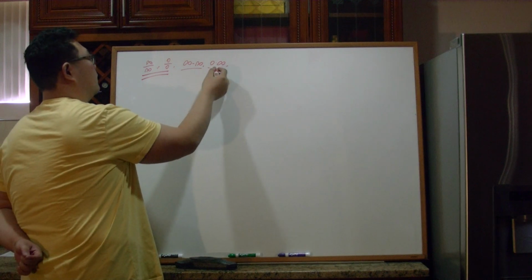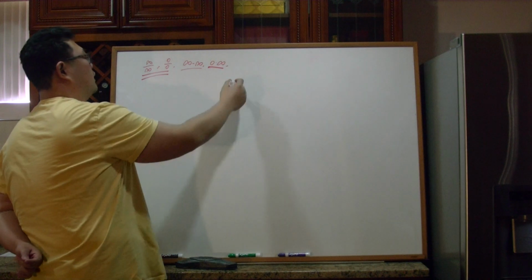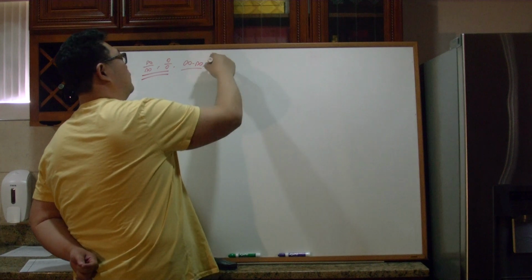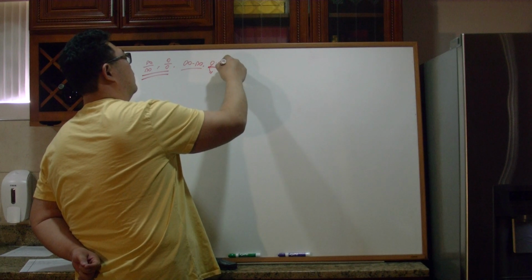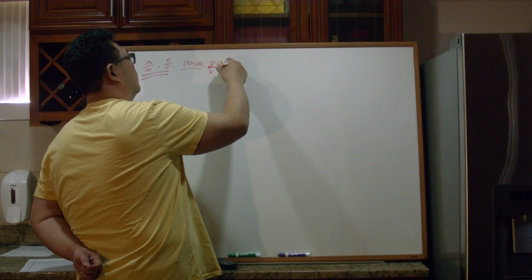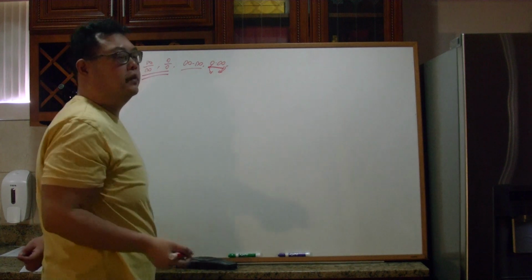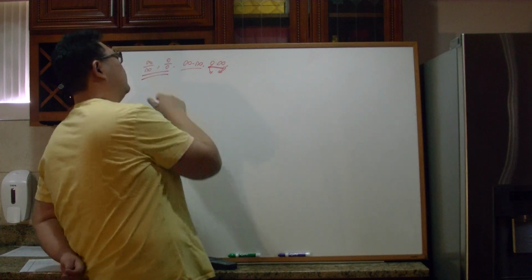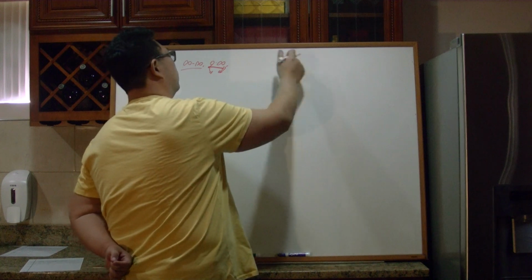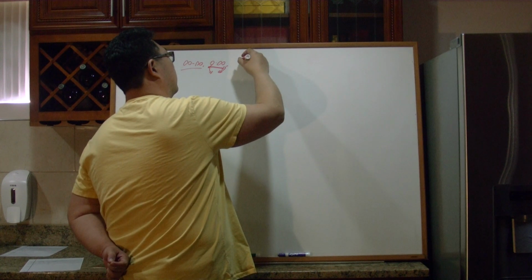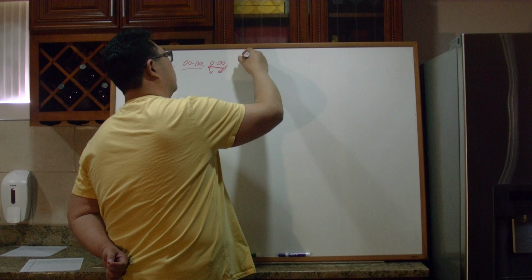For 0 times infinity, we change one factor into the denominator, the first or the second one, then we get the format of indeterminate ratios, fractions.